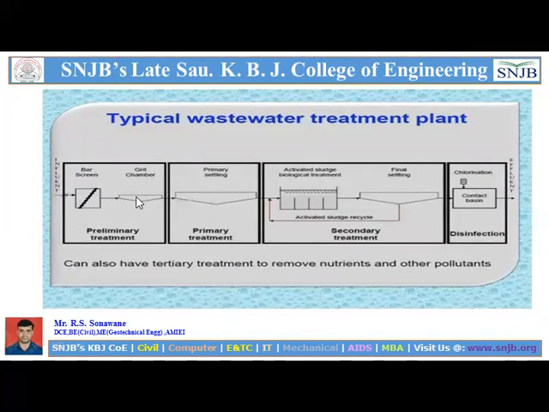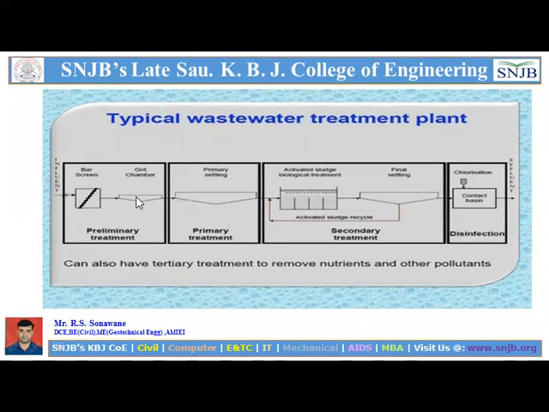These two units were already discussed in detail in unit one and unit two. We learned the working and objective of the bar screen, which type of bar can be used, and then the grit chamber: how to design it, its principle, and how it works. Both units relate to the preliminary treatment.